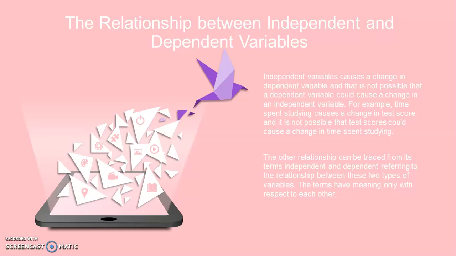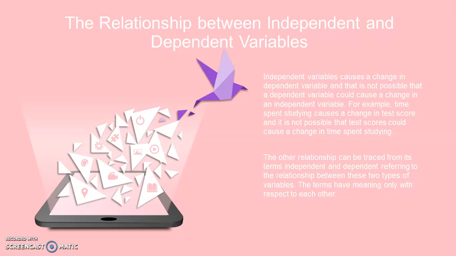The other relationship can be traced from its terms independent and dependent, referring to the relationship between these two types of variables. The terms have meaning only with respect to each other.